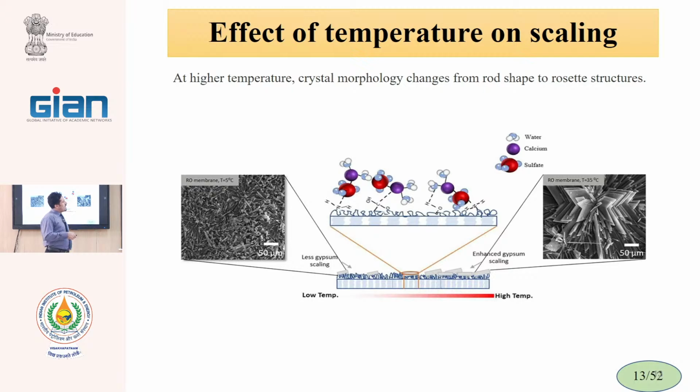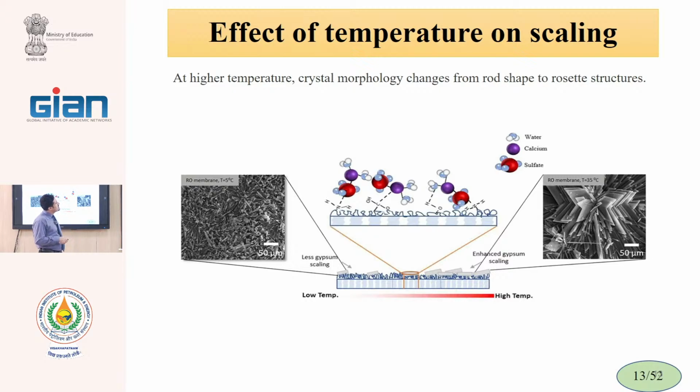Therefore, the growth of the crystals, the reaction between calcium carbonate, calcium sulfate, is a chemical reaction and has thermodynamic and kinetic parameters. Therefore, with a change of temperature, the growth rate can be changed.